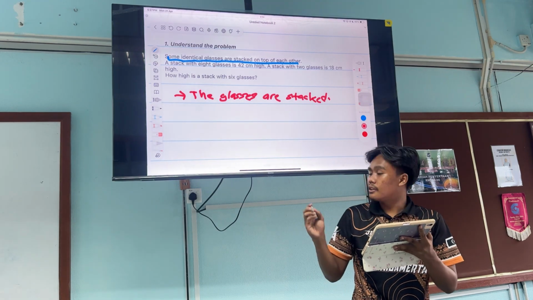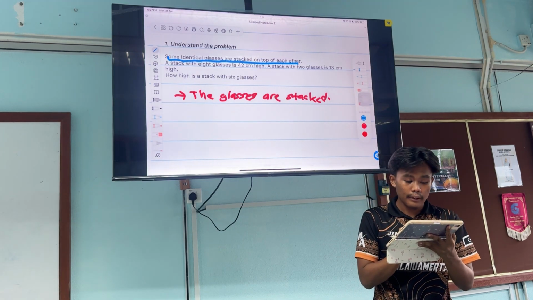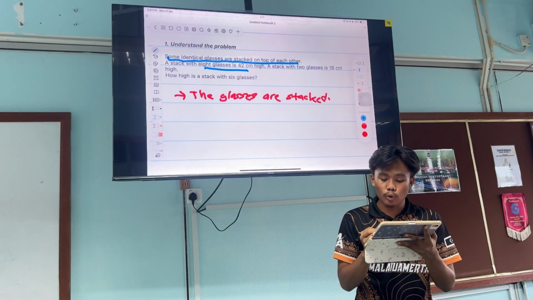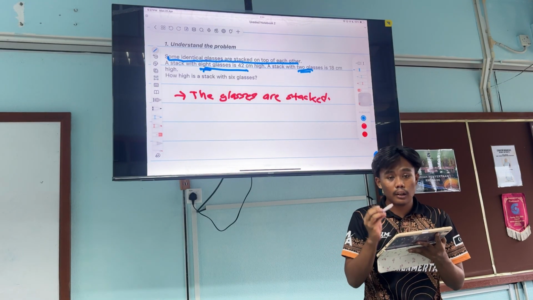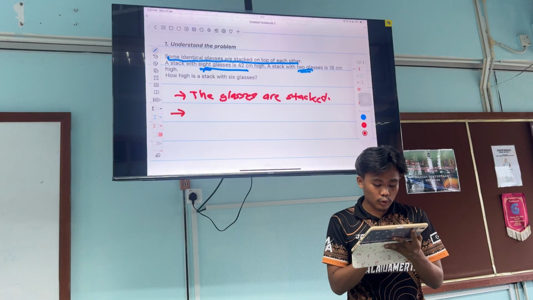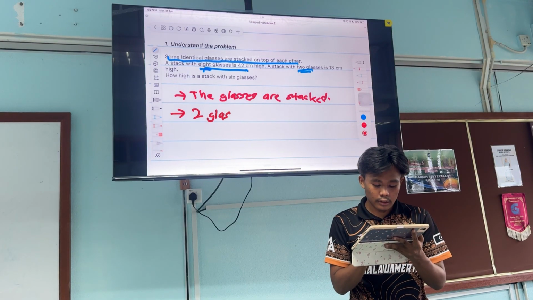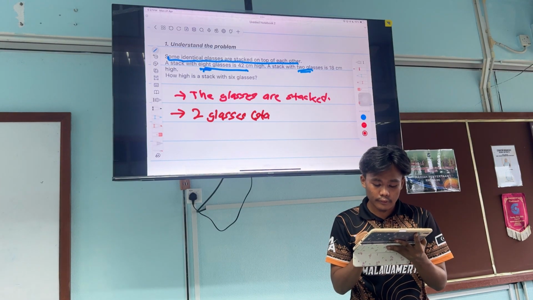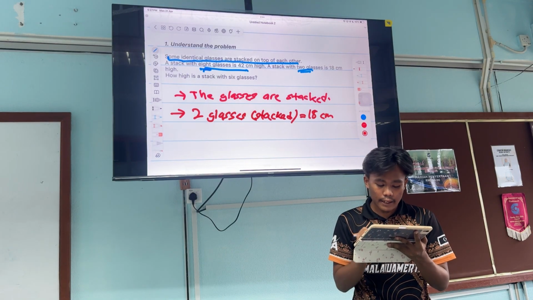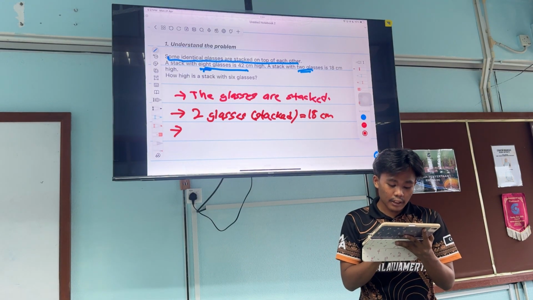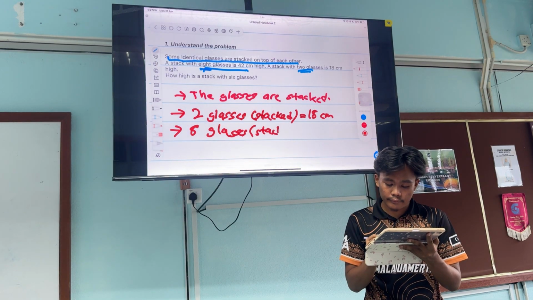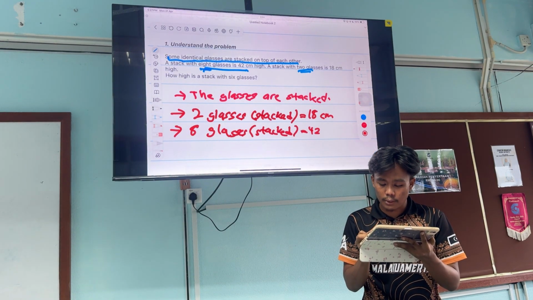Next, it says that a stack with 8 glasses is 42 cm high, and a stack with 2 glasses is 18 cm high. So here we can conclude that 2 glasses that are stacked equal 18 cm, and 8 glasses that are stacked are 42 cm.